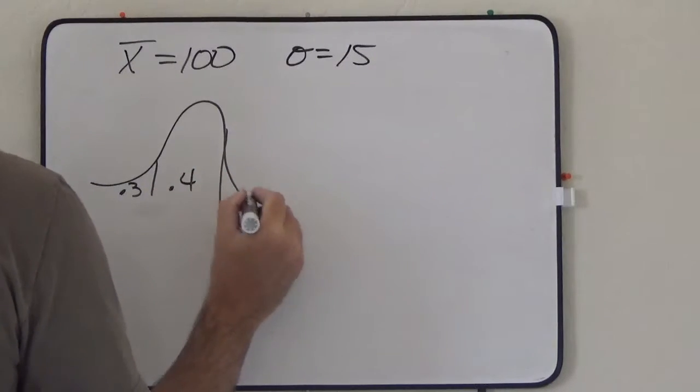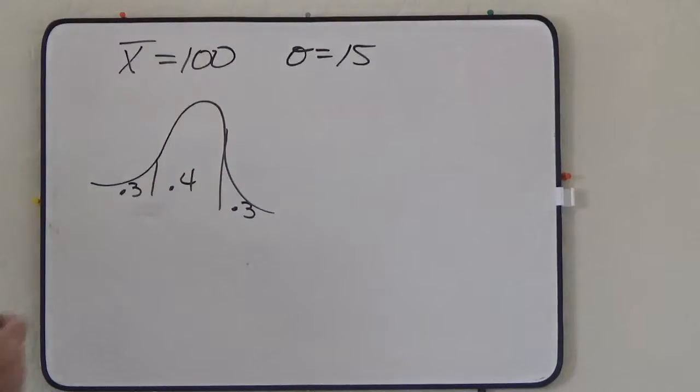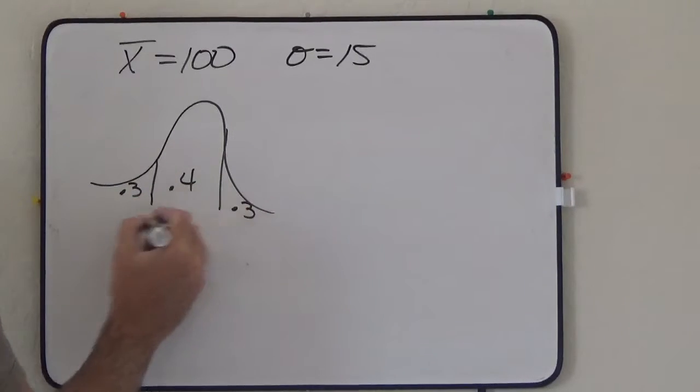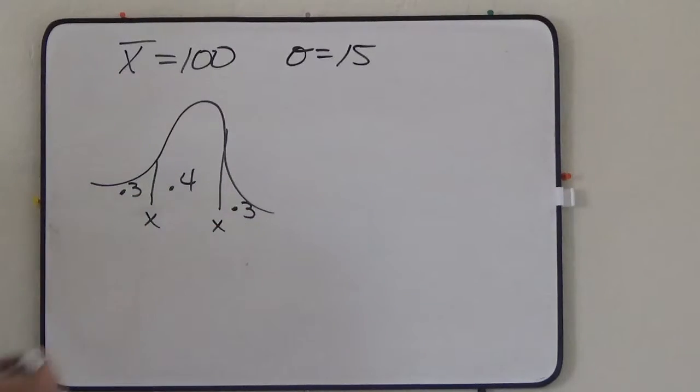And then we want the top 30%. So basically, what we're looking for is the values of x at those points there. So we need to find the z-scores and then use the z-scores to help us find out what x actually equals.